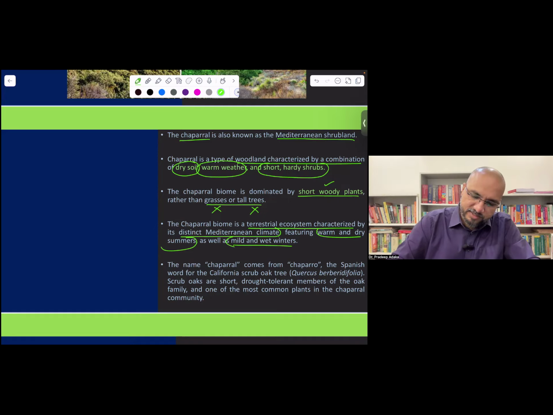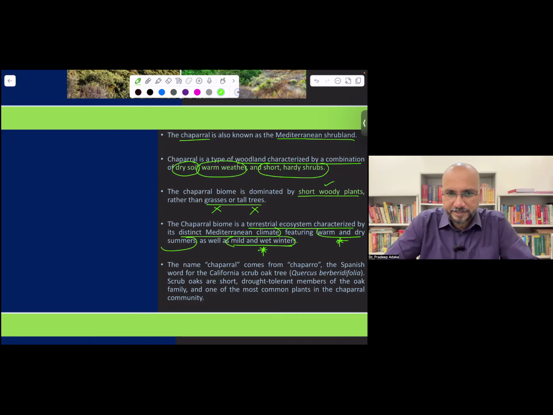Precipitation mainly happens during the winter months. Winters are mild because of rainfall, and summers are dry and warm. Remember this climate characteristic.